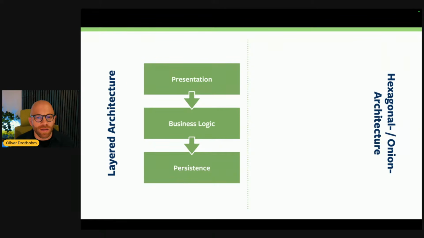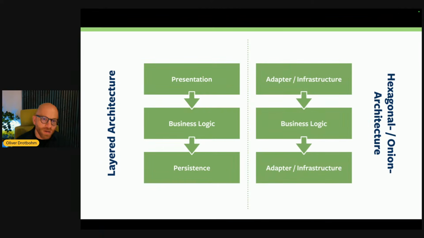The thing that hexagonal and onion architecture actually bring to the table here is the following. We start at the same model, but we invert the lower arrow here. So that's what we do, outside in instead of top to bottom. And what they more or less formally do, hexagonal more than onion, is that they introduce interfaces, right?